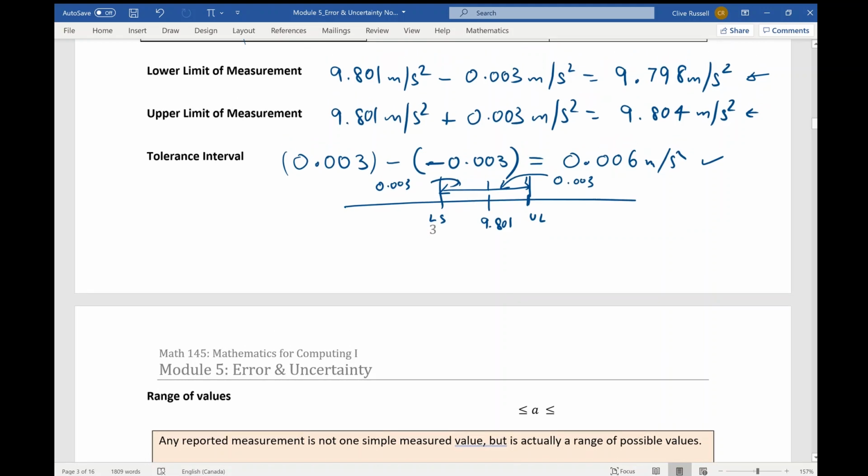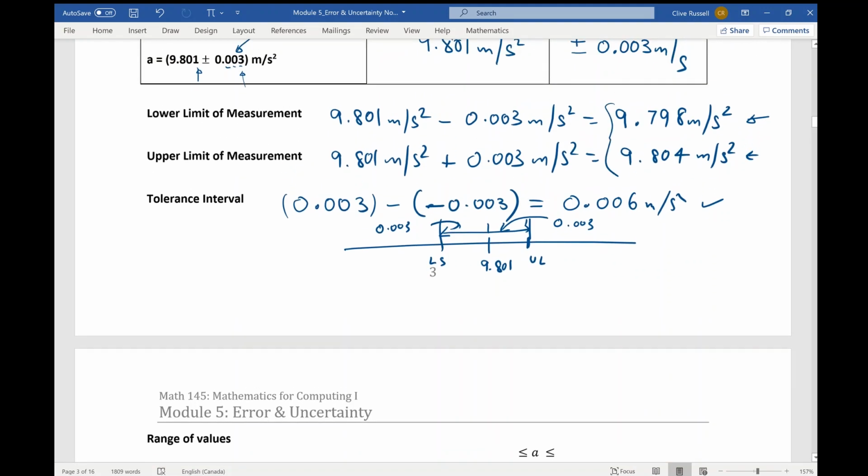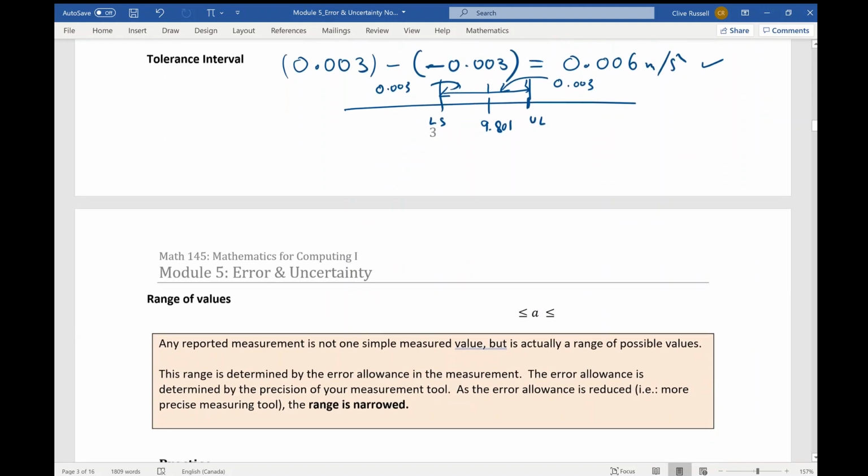The lower limit is 9.798 and the upper limit is 9.804, in meters per second squared.